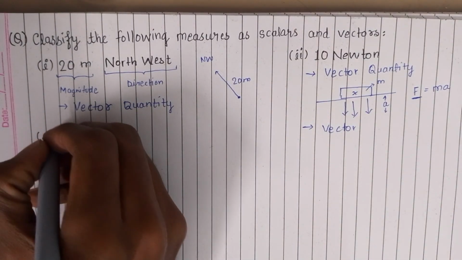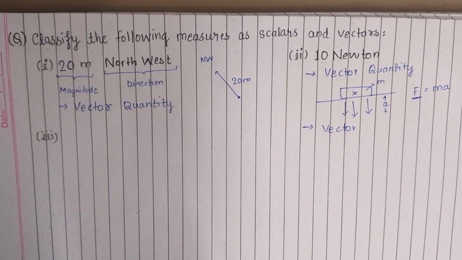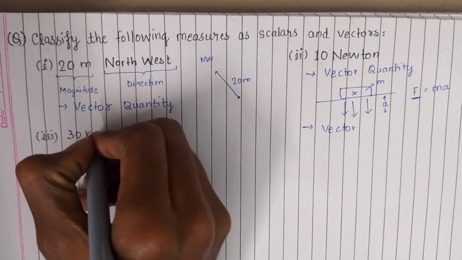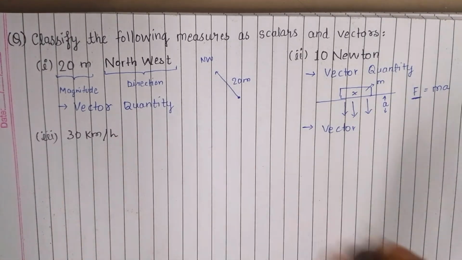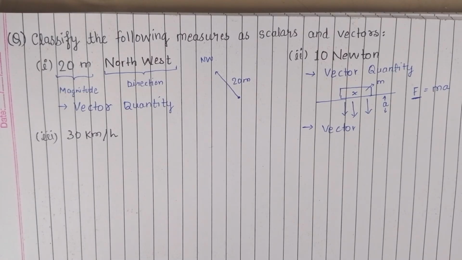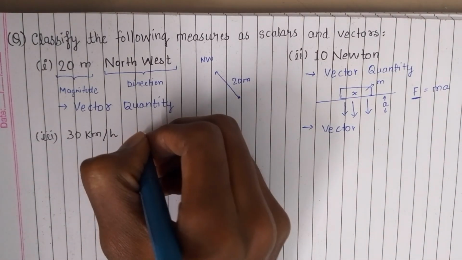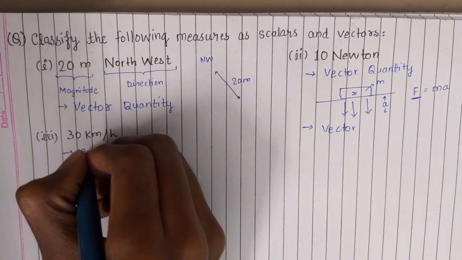Then let's come to the third part. 30 kilometer per hour. Tell me, 30 kilometer per hour. What could this be? So when I say 30 kilometer per hour, but there is no direction, it is a scalar quantity.